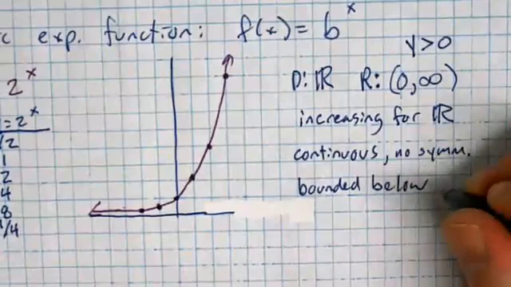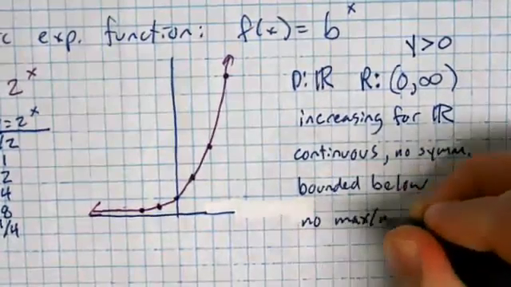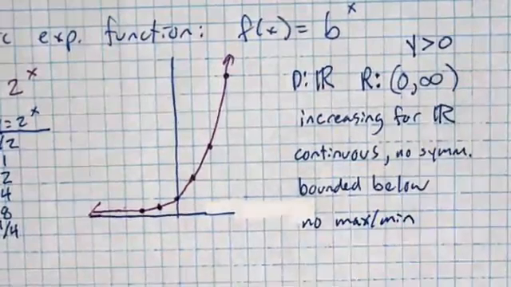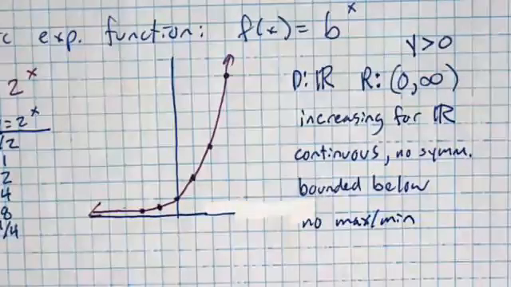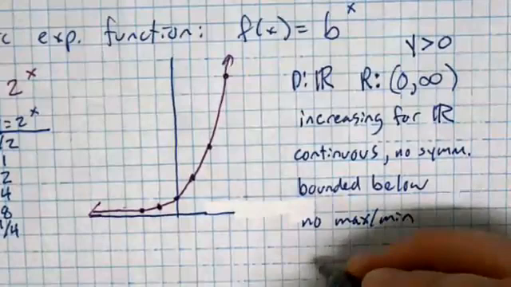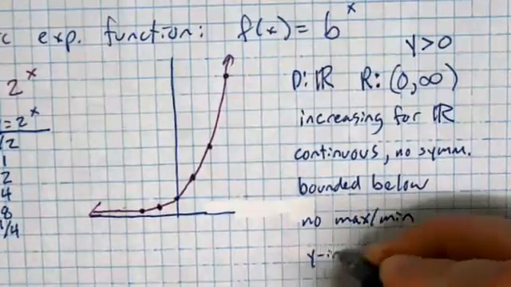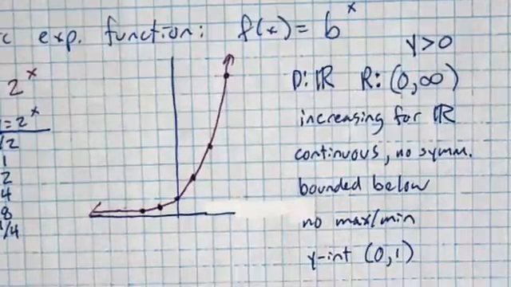So no mins, no max. That'd be another good way to say it: no local extrema. Any intercepts? It's got a y-intercept at 0, 1, but no x-intercepts because it never hits the x-axis.